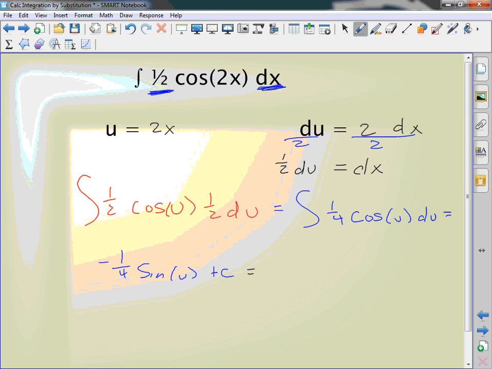Substitute back in my u. Negative 1/4 sine 2x plus c is my answer.